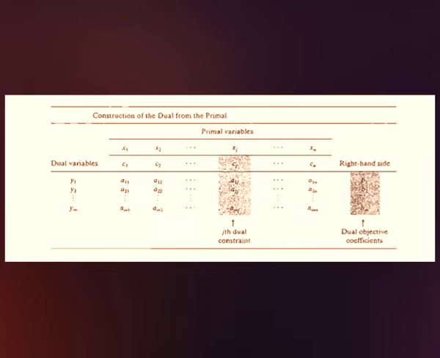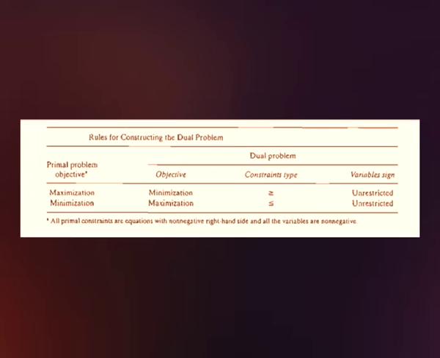The rules for determining the sense of optimization, maximization or minimization, the type of the constraint, less than or equal, greater than or equal, or equal, and the sign of the dual variables are summarized in table B. Note that the sense of optimization in the dual is always opposite to that of the primal.